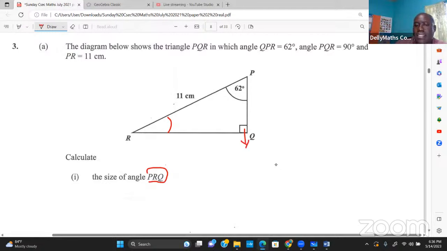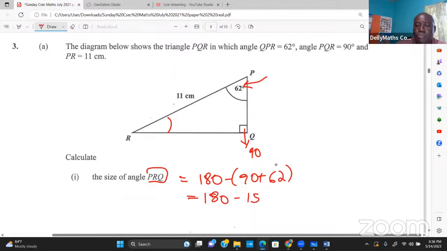If this one is 90 and this one is 62, then the other one is going to be 180, subtract the sum of those. I don't want you to do any extra working unnecessarily, right? So we'll get about 28 for this. So this angle right here is 28 degrees.